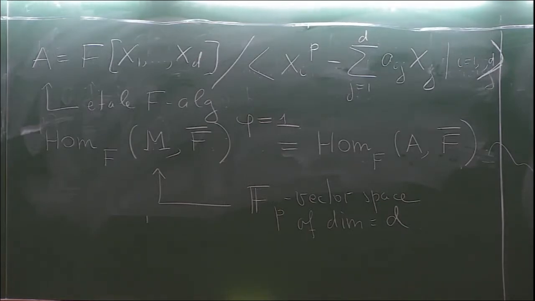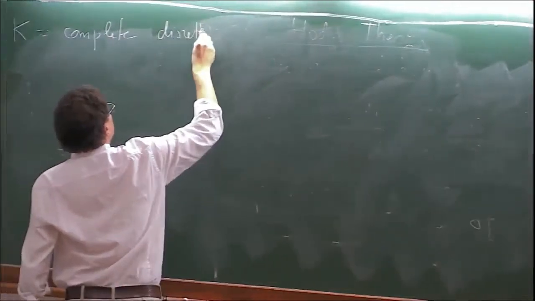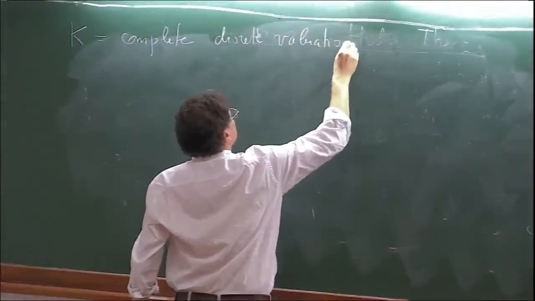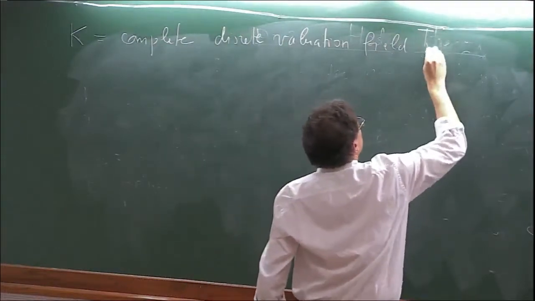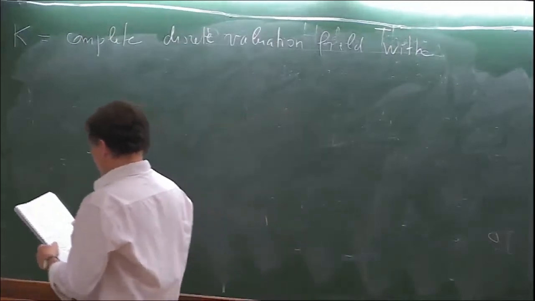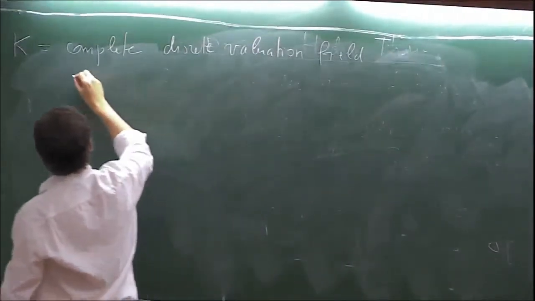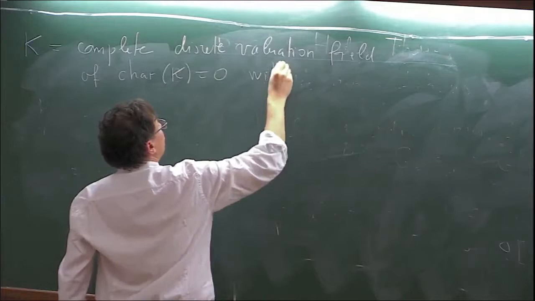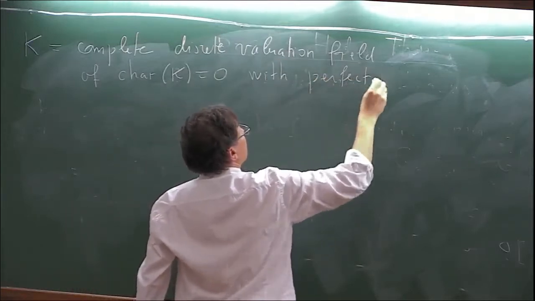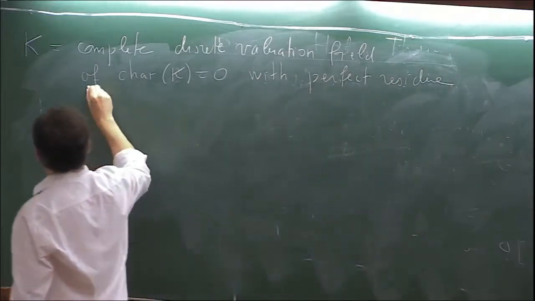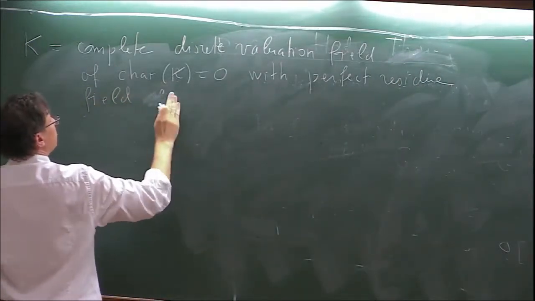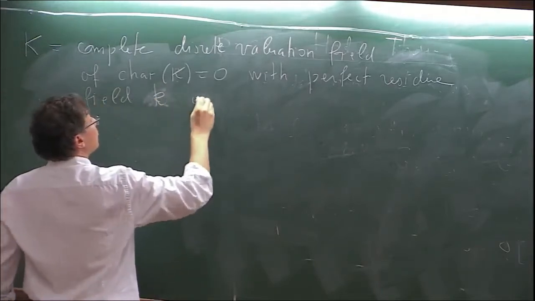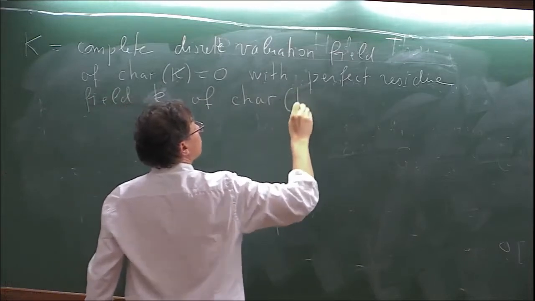So from now on, K is a complete discrete valuation field of characteristic 0 with perfect residue field, say small k, of characteristic p.